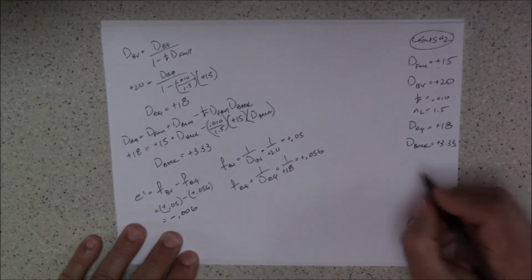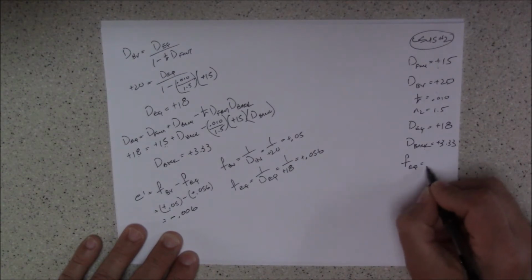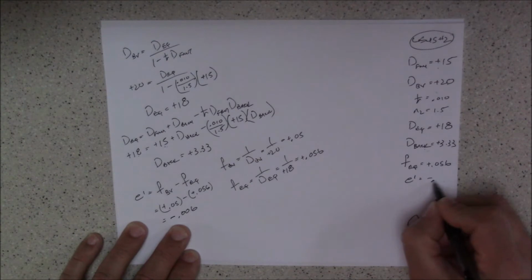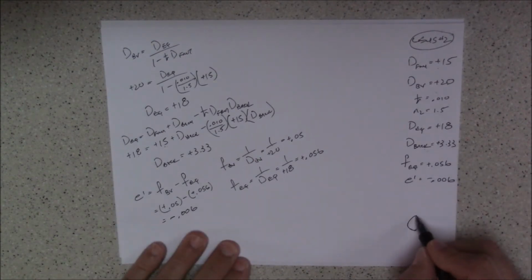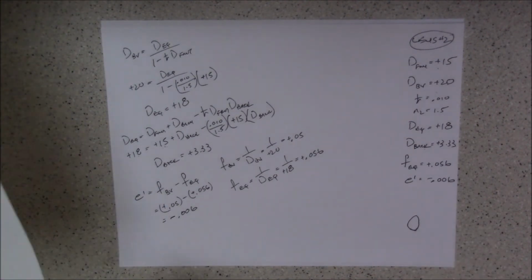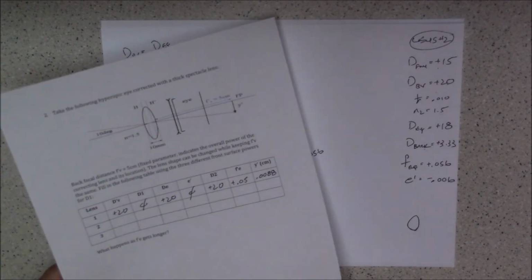So our focal point of our equivalent system is going to be plus 0.056, and our E prime is going to be a minus 0.006. Once again, that's going to be a positive front base curvature and a positive back base curvature. So we're dealing with a biconvex lens, which is what we anticipated from the way the problem was oriented from the beginning.